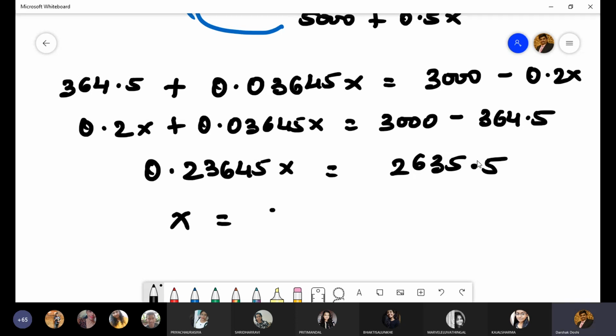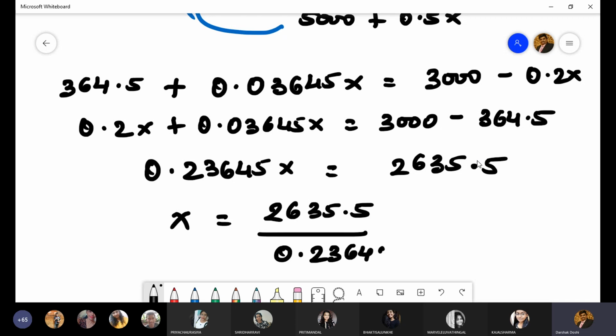X is equal to 2635.5 divided by 0.23645, which is equal to rupees how much? 11,146.1197.